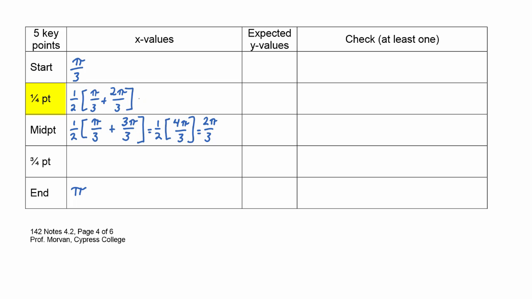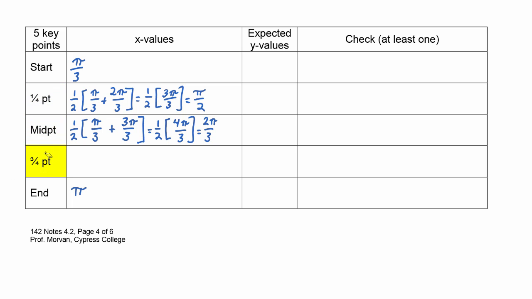So now we have 1/2 of 3 pi over 3, which is pi. Right? The 3's cancel. Half of pi is pi over 2.